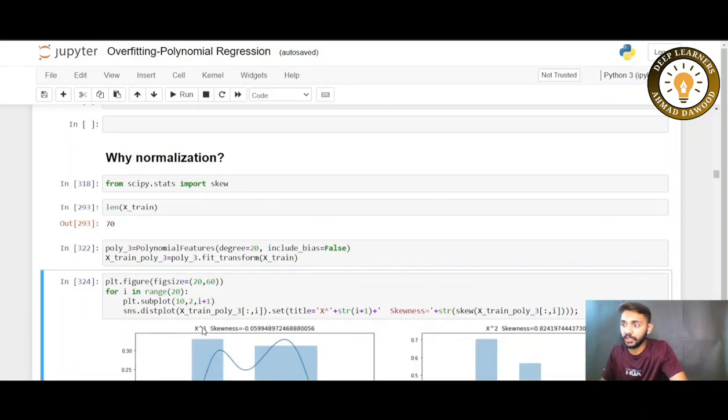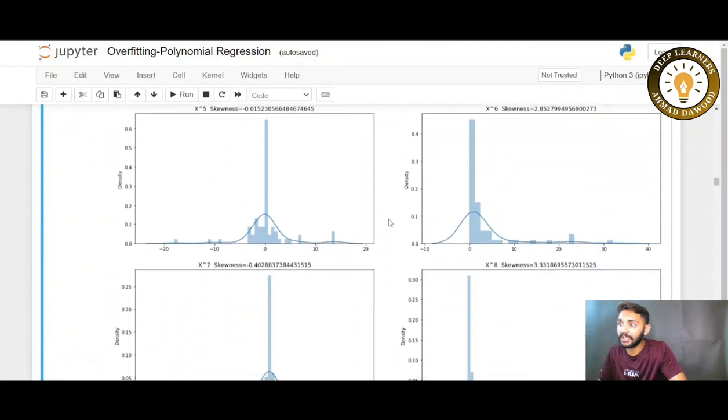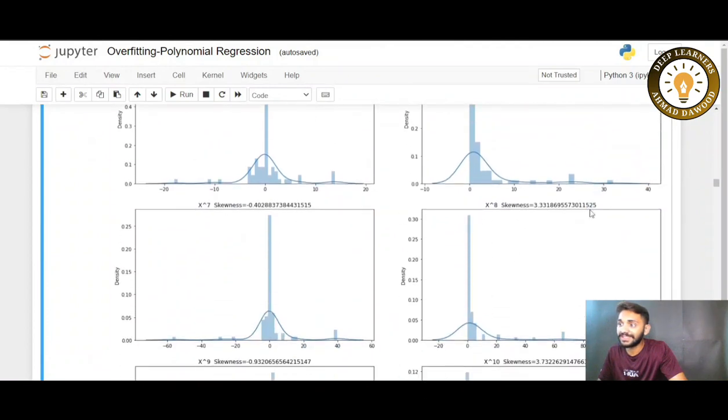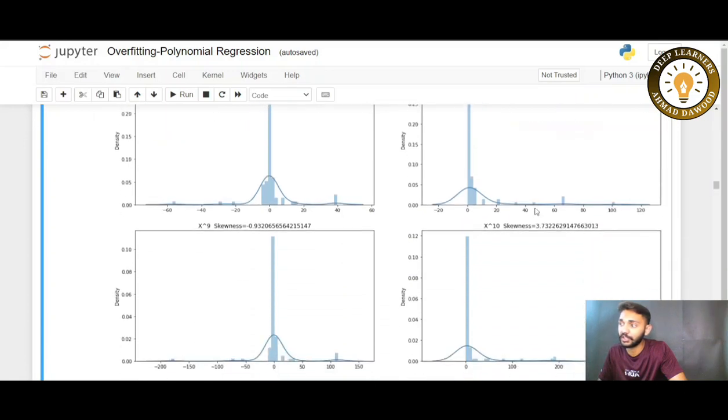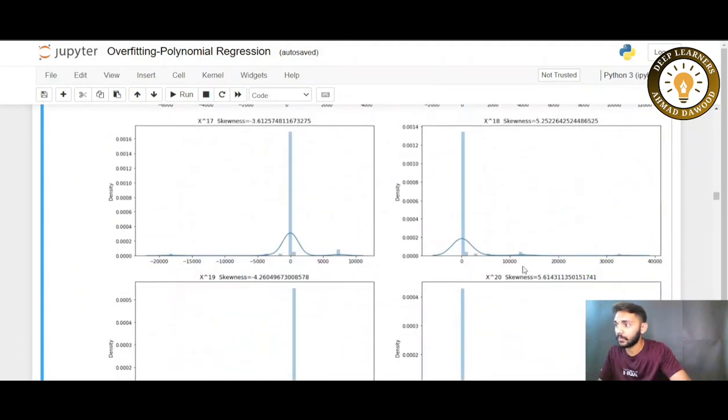Like if I show you here, if my original x1 has skewness minus 0.05, then as we go down and take high powers, my skewness is increasing. Like in the case of x raised to the power 8, we have 3.33. In the next case, we have 4.49. When we have x raised to the power 20, we have skewness 5.61. As power is increasing, skewness is also increasing here.